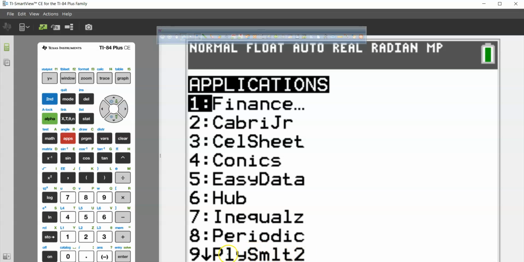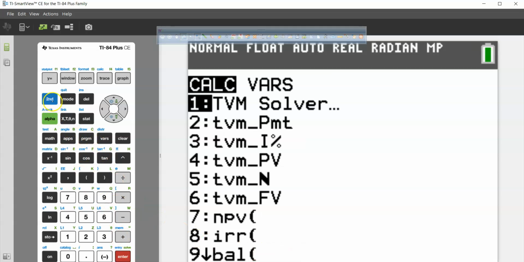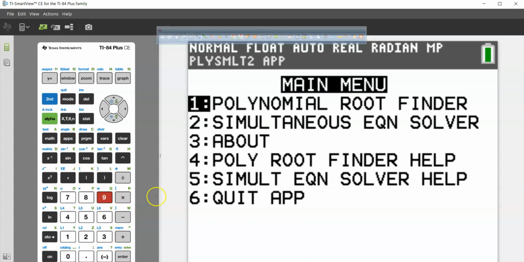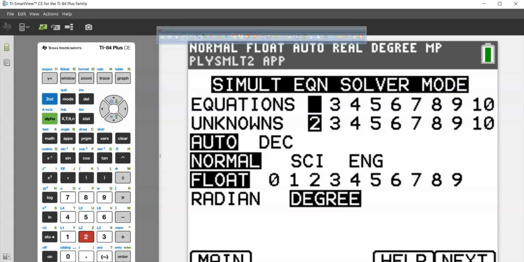Yours might be a different number, but you go down to Poly's SMLT2. Press enter. Number 9. We go down to number 2. Now we have 2 equations and 2 unknowns.